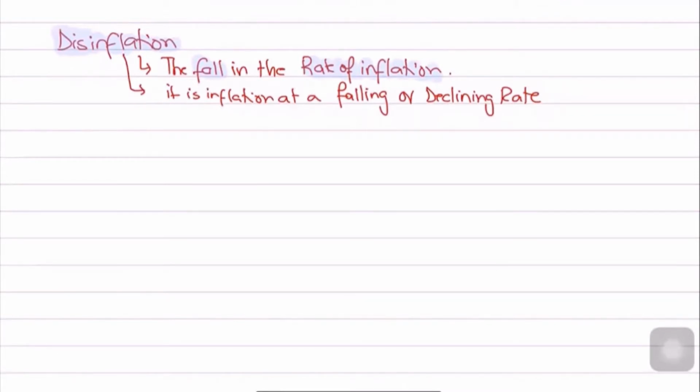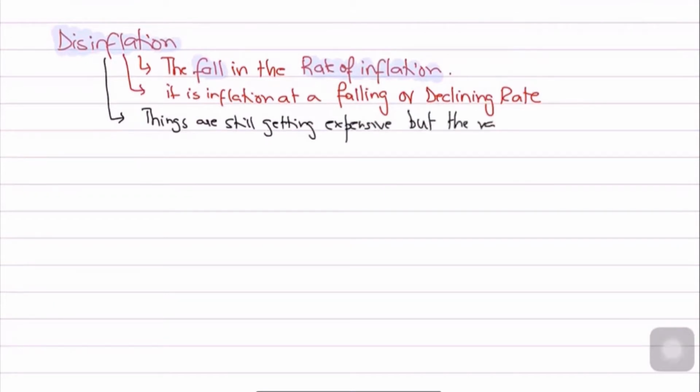It is inflation at a falling or declining rate. यानी चीजें अभी भी महंगी हो रही हैं, but the rate of increase in prices is falling. So what I'm trying to say is that things are still getting expensive because of inflation, but the rate at which the price level is rising, the rate at which they're getting expensive, is falling.